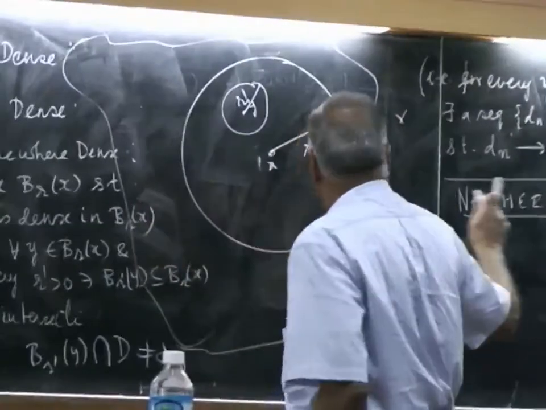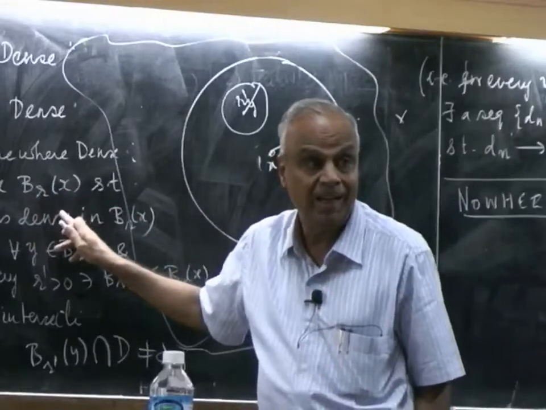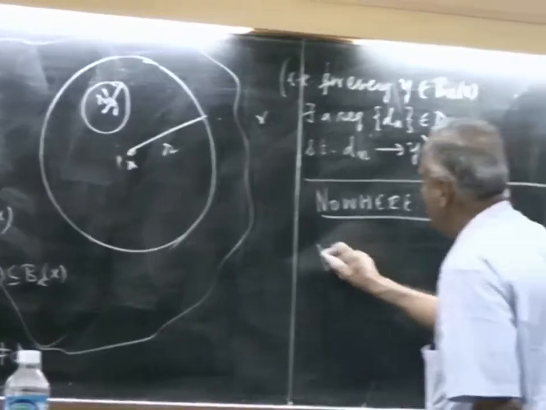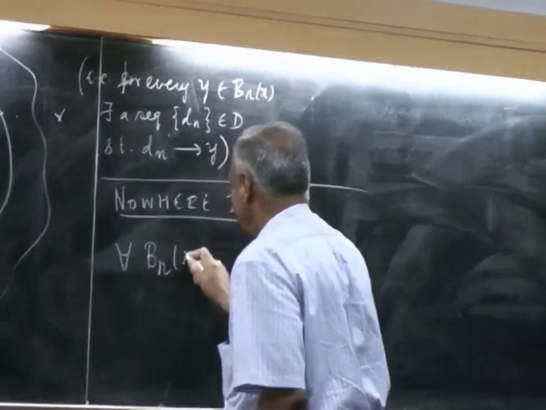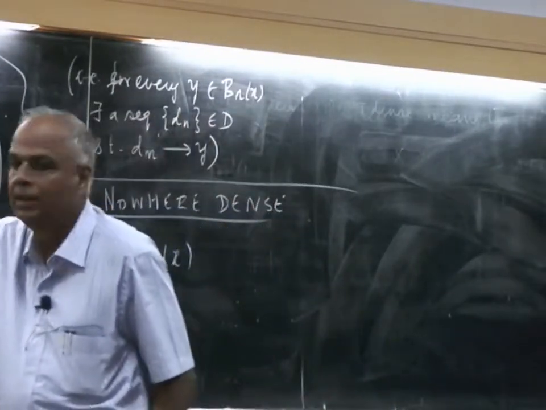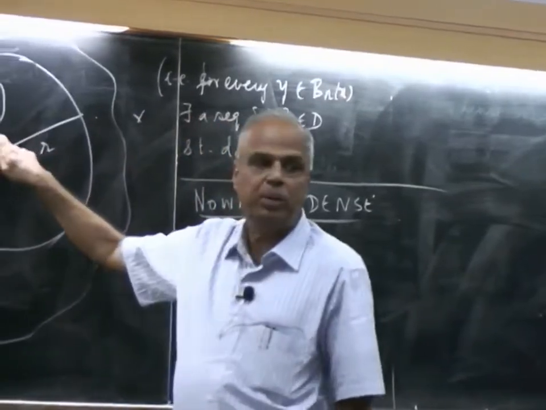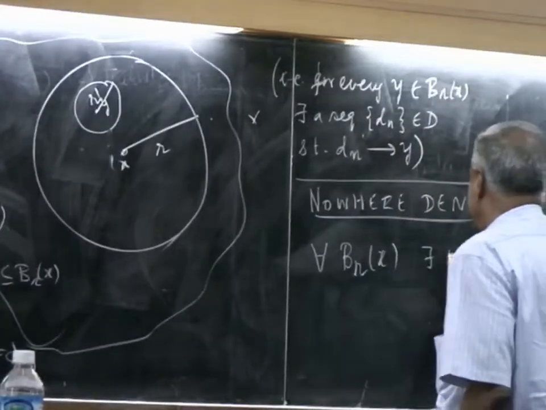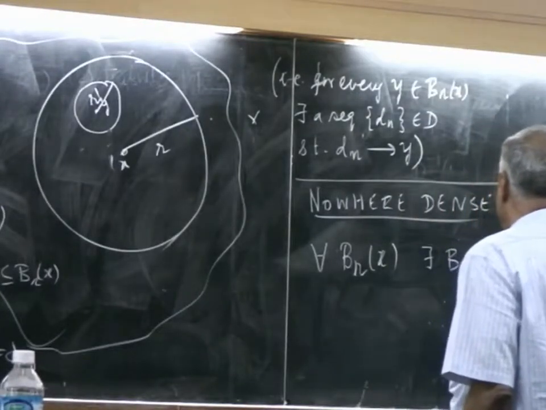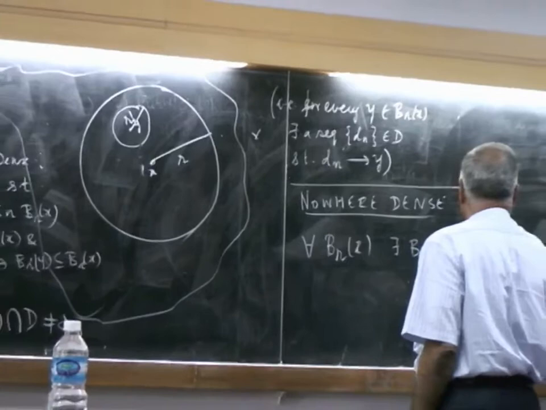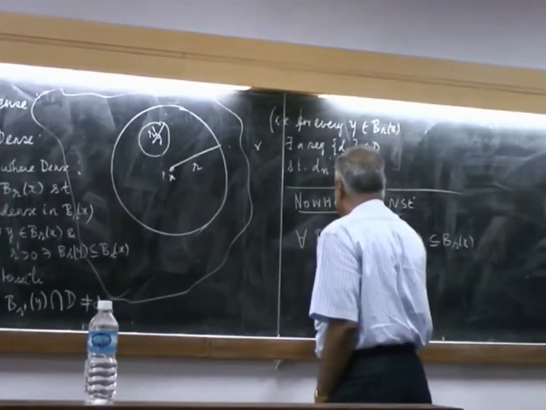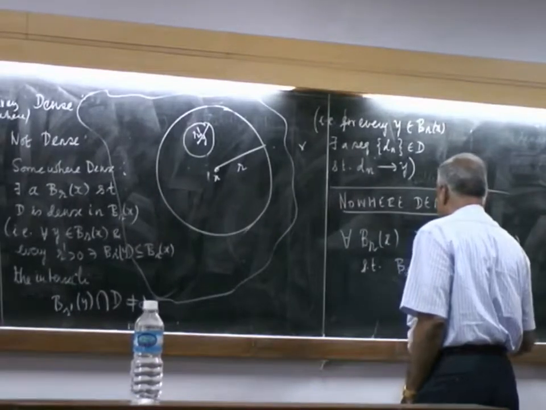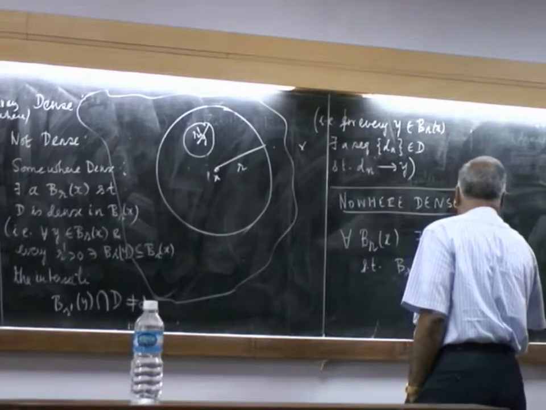Okay? So nowhere dense will be: for every ball Br(x), there exists a ball Br'(y) contained in Br(x) such that Br'(y) intersection with the set is empty.